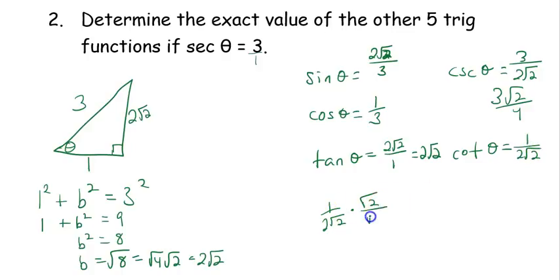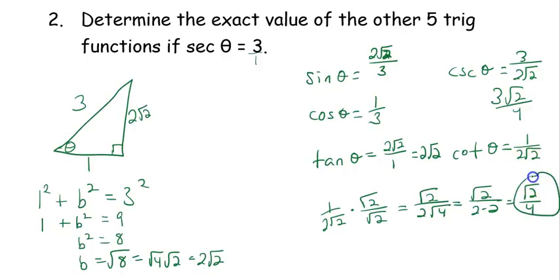So I'm going to multiply by the square root of 2 over the square root of 2. When I go straight across, I get the square root of 2. Straight across the bottom, I get 2 square roots of 4, which will be 2 times 2, giving me a positive 4. So the cotangent, I want to use this, and again, cosecant, I want to use this.